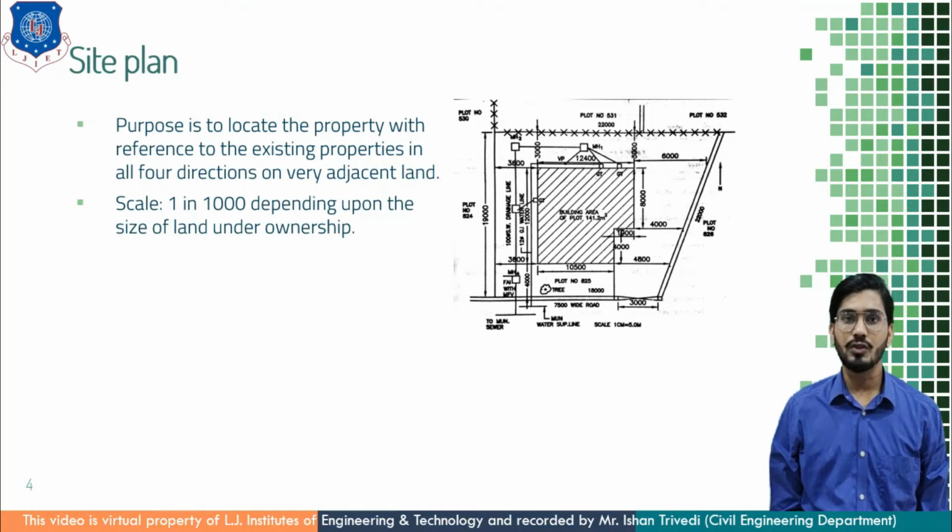Here, the scale varies depending upon the land size. If the size is more, then the scale is 1 in 1000. If the size is up to 1 hectare, then the scale is 1 in 500. It shows the boundary of the site and its relation to neighboring streets.